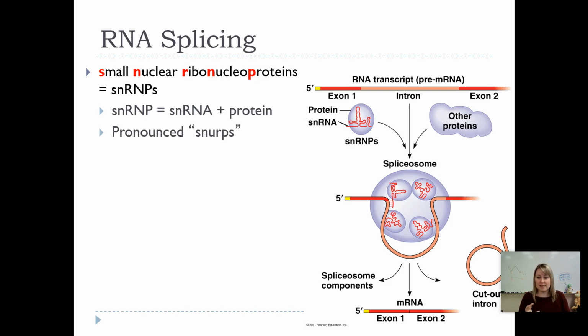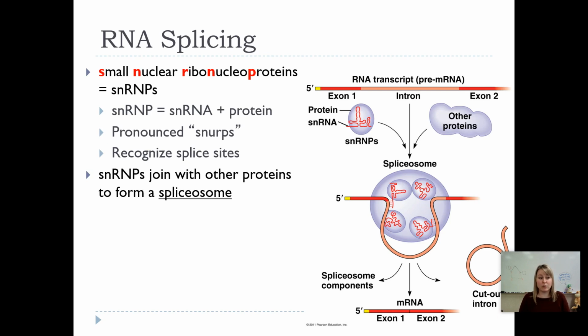So we basically take these small nuclear RNAs, which are sequences of RNA, and we combine them with specialized proteins and then put them in a specific conformation or arrangement so that they will complementary base pair or attract to certain parts of the RNA transcript, of the pre-mRNA. So once it recognizes where those splice sites are, it holds the RNA transcript there, and then it cuts or breaks pieces of the RNA out.